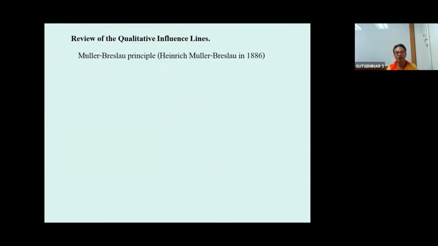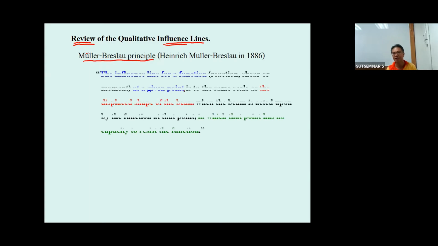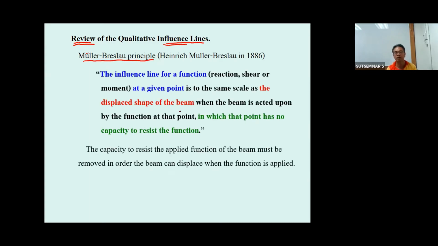And then let's go next to review the influence line. If you would like to draw the influence line, Maxwell and Müller-Breslau give us the principle that helps us draw the diagram. I did draw it for you. The principle is so easy. If you would like to draw the influence line diagram of R sub A, you just release the resistance.